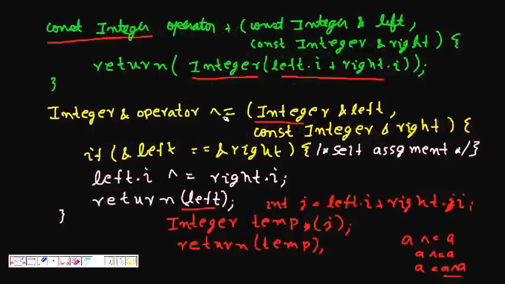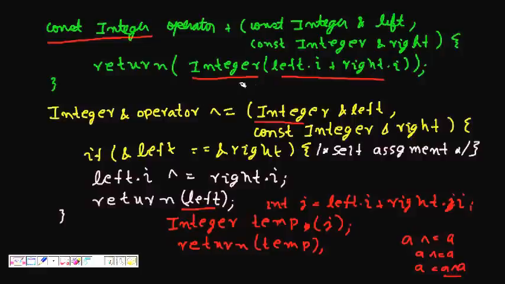But in the other case I need a friend function, because I'm changing left itself, so I cannot do without it. So these are the few things that we need to remember.